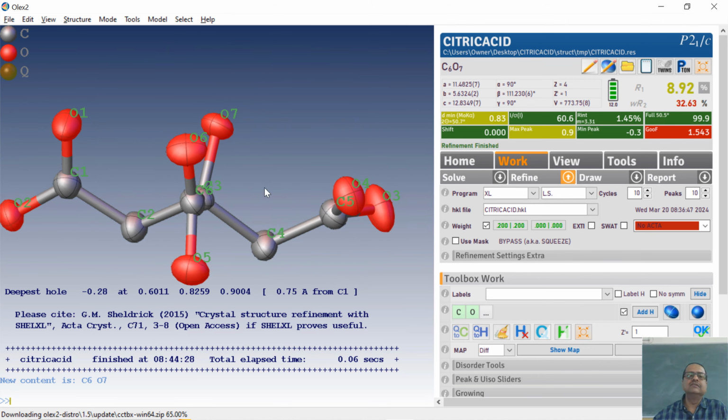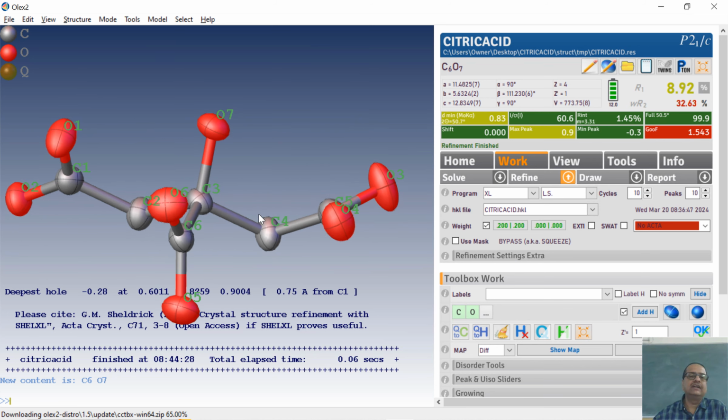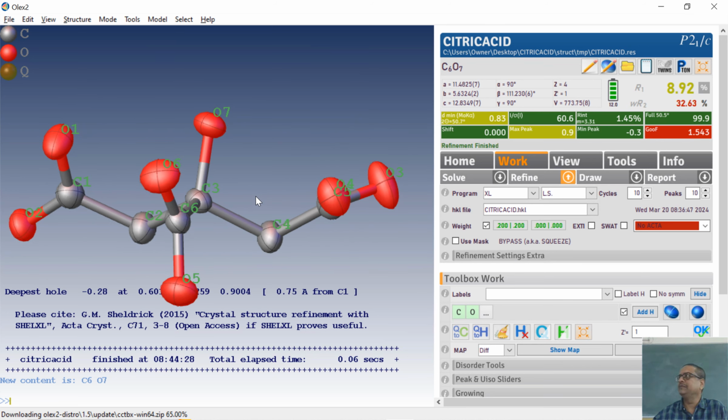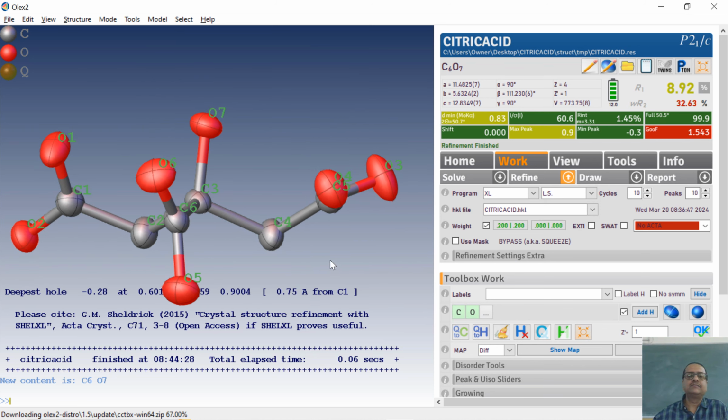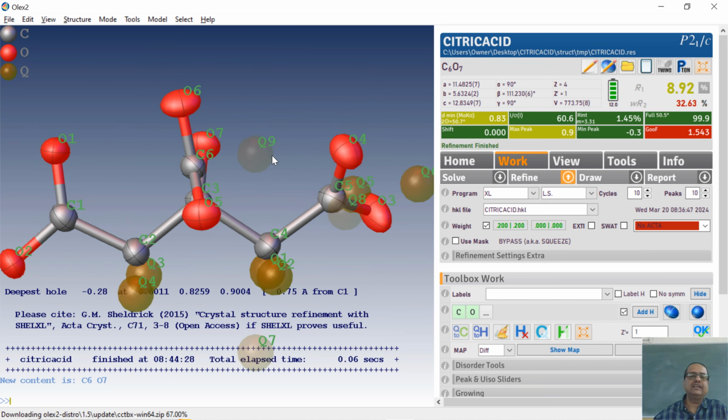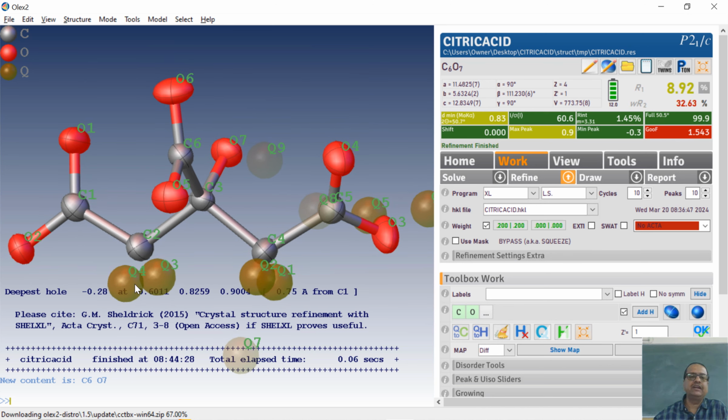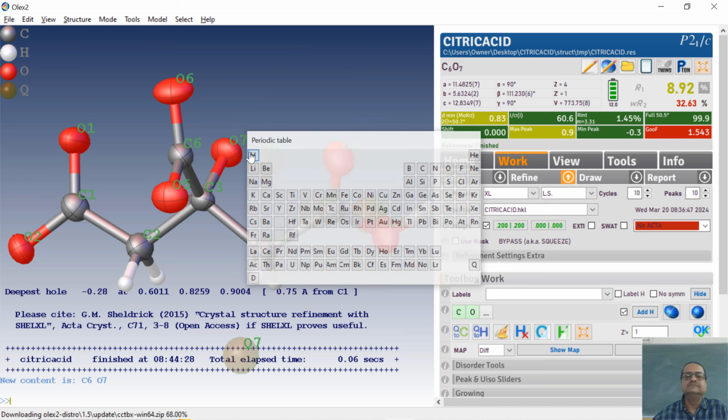One can use the EADP command so that you apply the thermal parameter of one atom to the thermal parameter of the problematic atom. So in this condition, when I am seeing that some electron densities are appearing, I am identifying those electron densities and telling them that it is hydrogen.